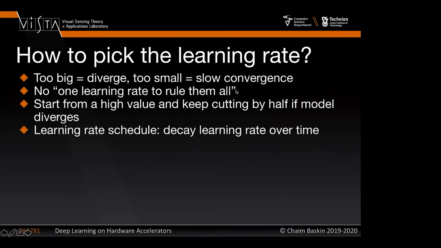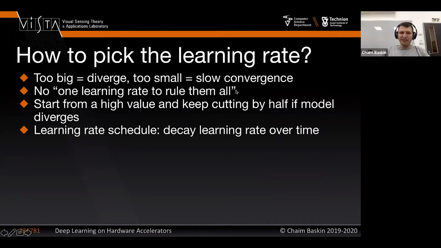So how to pick? Too big a learning rate, we diverge. Too small, slow convergence. There is no one learning rate to rule them all. We find it as a hyperparameter, by tuning to our specific data sets and architectures.